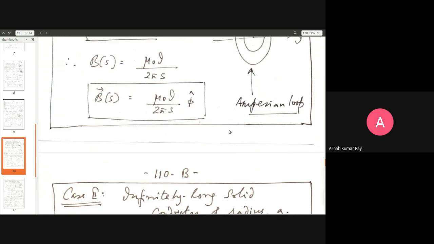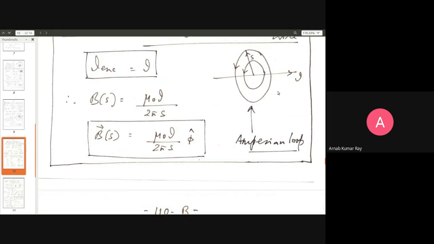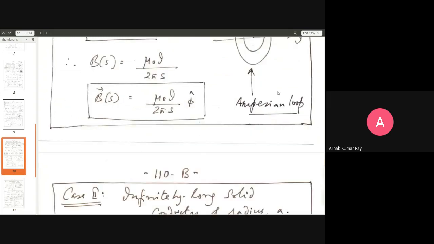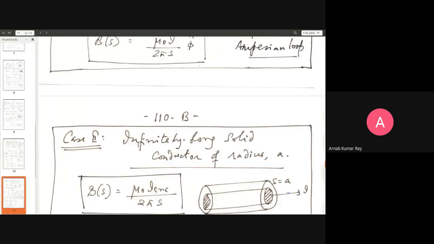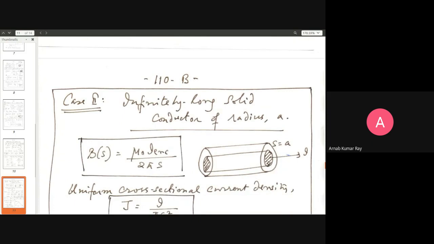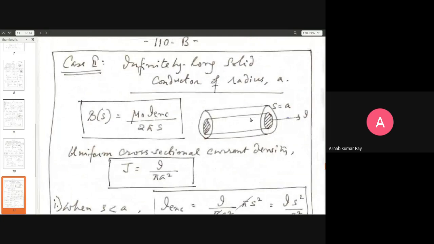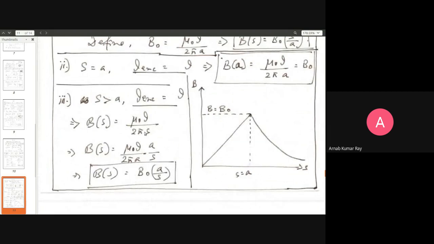So if you're standing outside a thin wire, it would look like the magnetic field is mu naught I by 2 pi S phi cap. But if you have a thick solid conductor of radius A, then standing outside the thick solid conductor, you will get the same magnetic field, mu naught I by 2 pi S. Now, what is happening here?